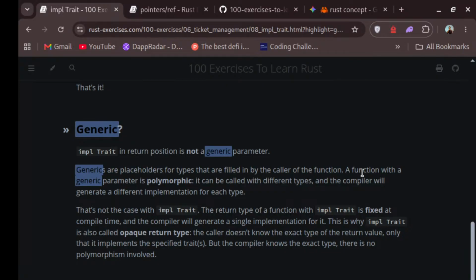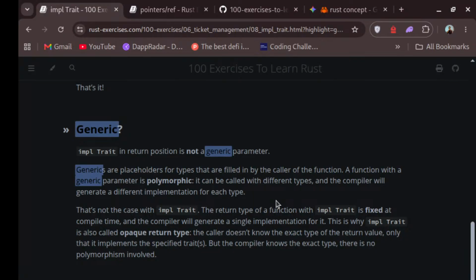Multiple kinds of generics are used in code for the reusable, clean code concept. A function with a generic parameter is polymorphic. It can be called with definite types and is compiled with the generics.